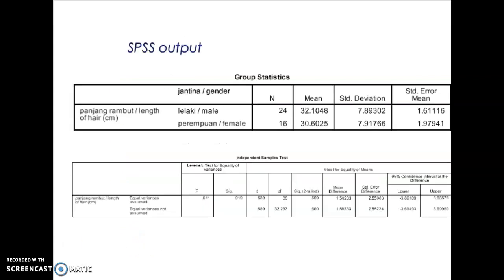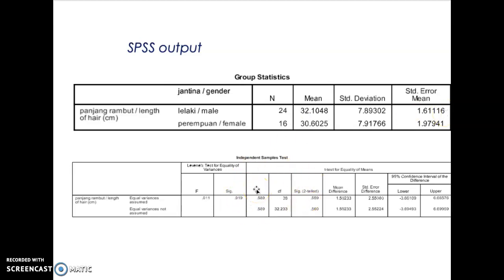So this would be the SPSS output of the independent sample t-test after you have run it using SPSS. First, you will see a table of group statistics, which shows the descriptive statistics of your data: your variables, the total number of samples for each group, the mean, the standard deviation, and also the standard error of the mean.